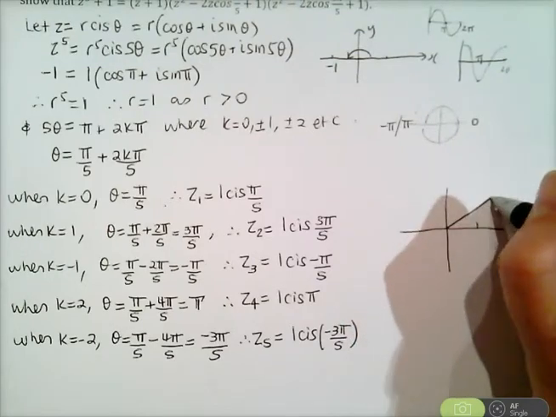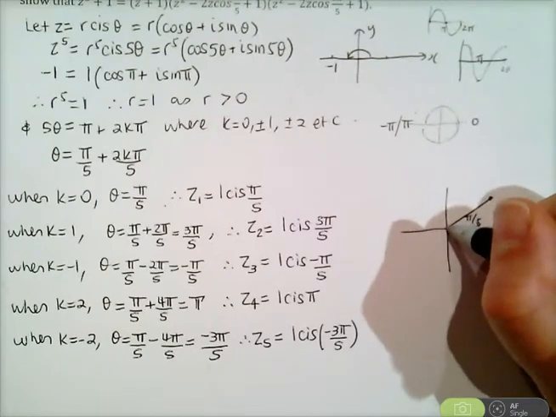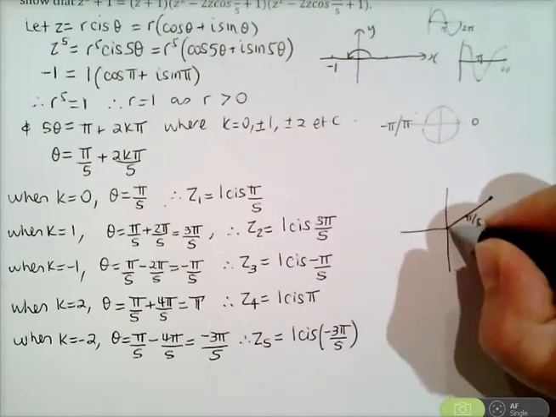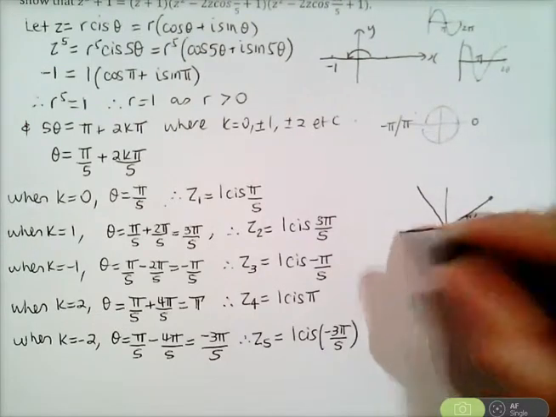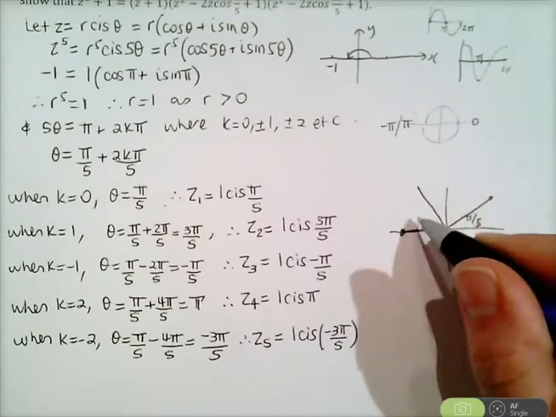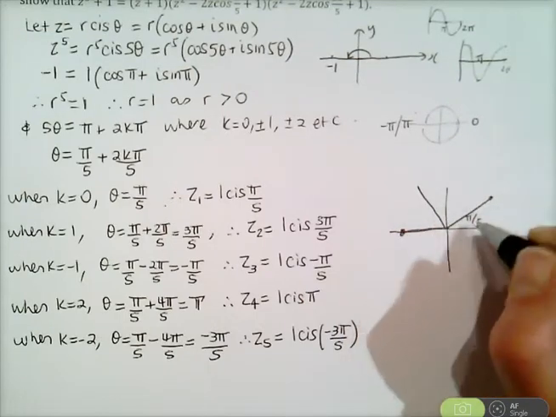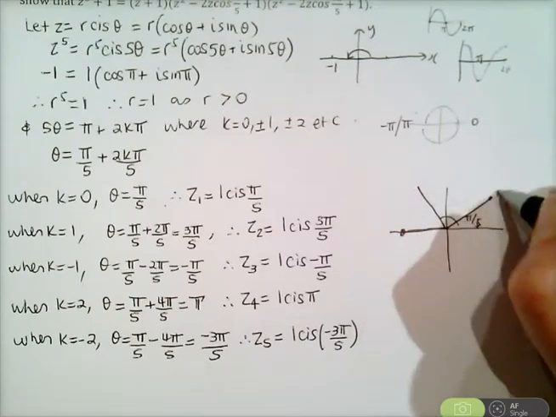So this might be the first one, pi on 5. The second one is 3 pi on 5, which should be about there. And the next one's here at pi, okay? So we've got pi on 5, then we've got 3 pi on 5. Actually, I'll just put them up here.